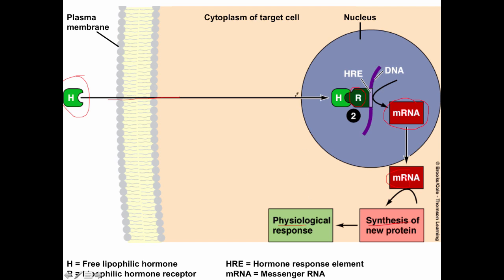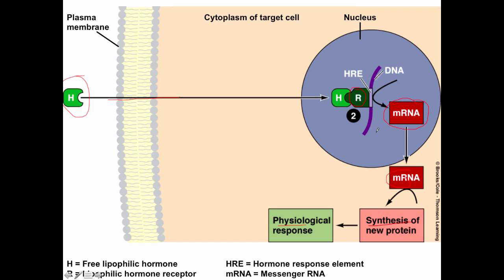Okay? So, for example, thyroid hormone, and we'll talk more about this in class. We know that thyroid hormone has a lot to do with metabolism, right? One of the ways that it affects the metabolism of a cell is that thyroid hormone binds to a receptor that sits on the promoter region of the gene that codes for our sodium-potassium ATP pumps.